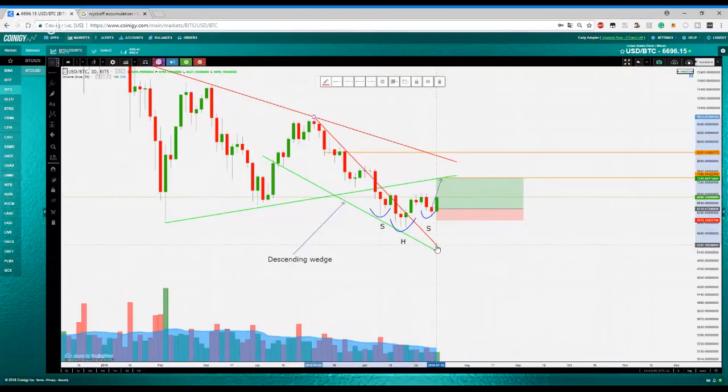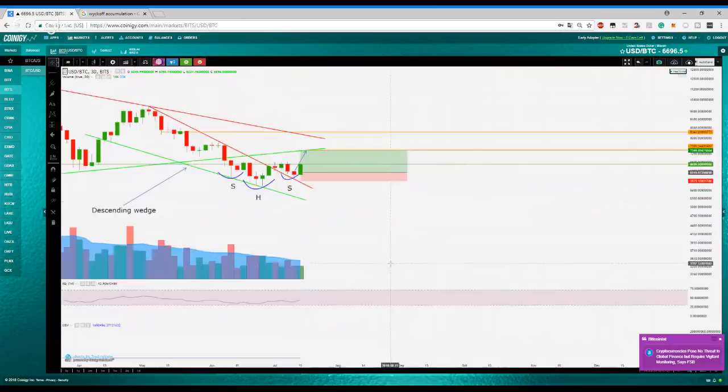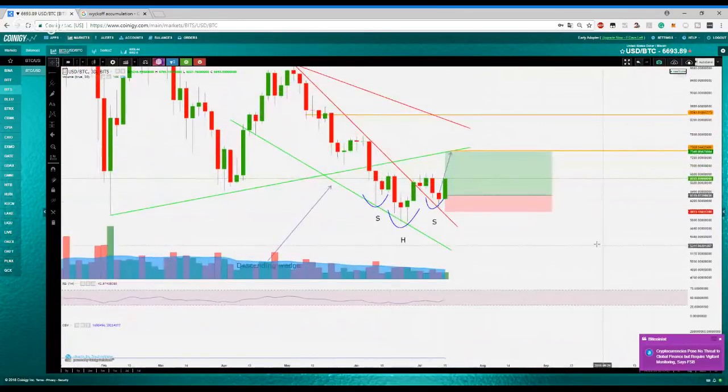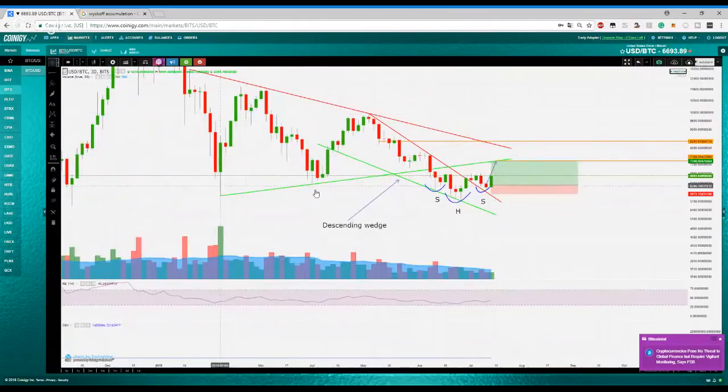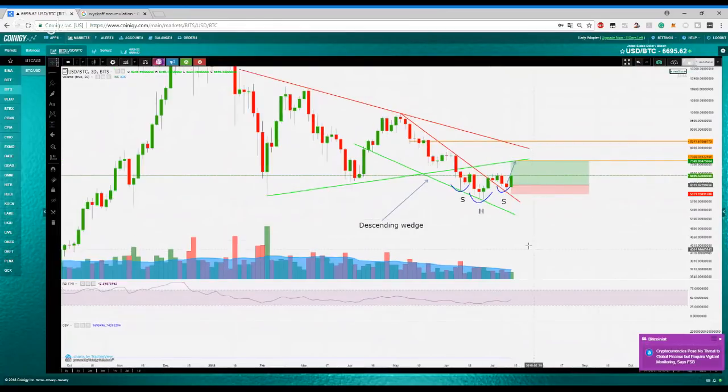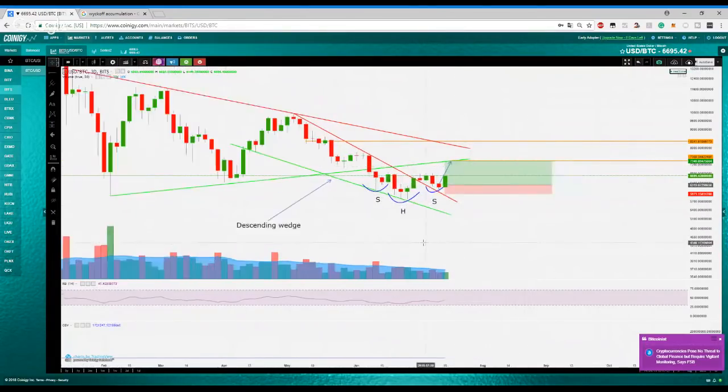And currently we have broken out of this descending wedge, which means that we are ready for a retest of the symmetric triangle. This is the symmetric triangle. When you break out of a certain side, 9 out of 10 times you will see that the price actually revisits the broken support before it goes down further. Although I'm not quite sure if we're going to go down any further.